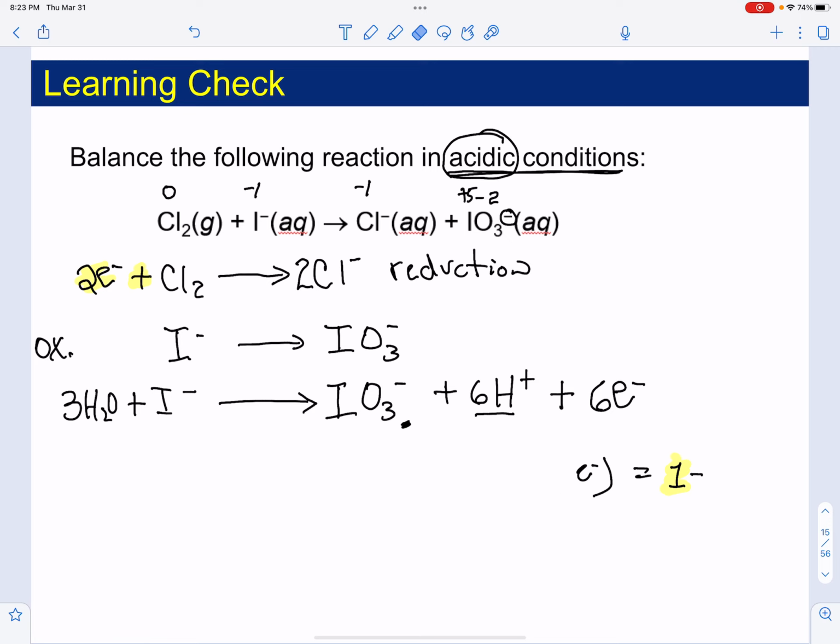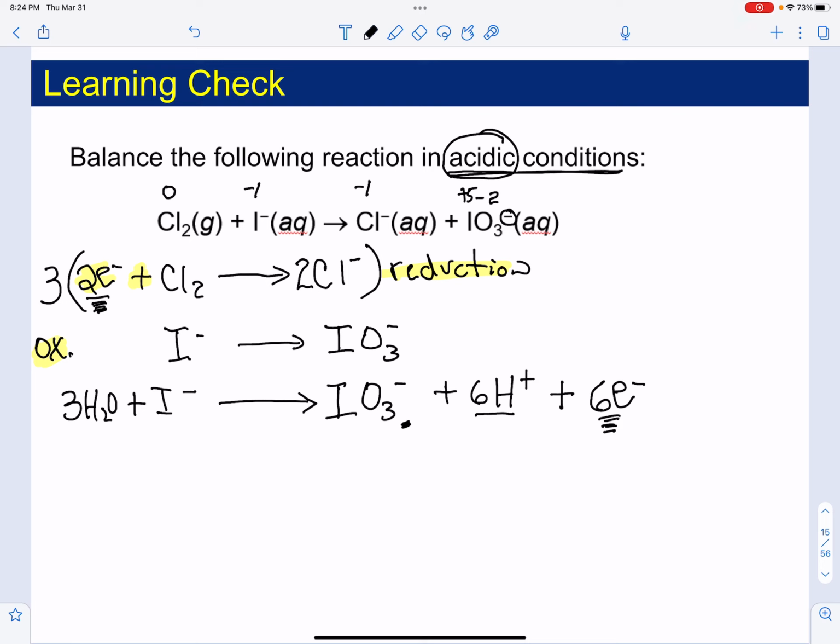However, just like you learned in Chem 1411, the amount of electrons in the reduction has to be the same as the amount of electrons in the oxidation. And that's not the case right now. We have 2 electrons on the reduction and 6 electrons on the oxidation. So we're gonna fix that by multiplying the whole reduction reaction times 3.